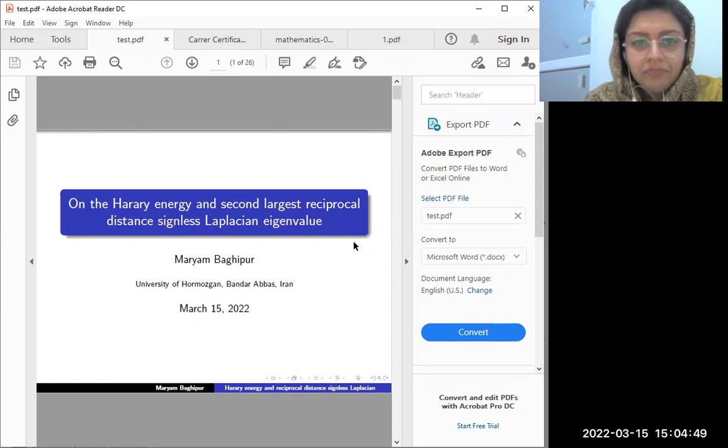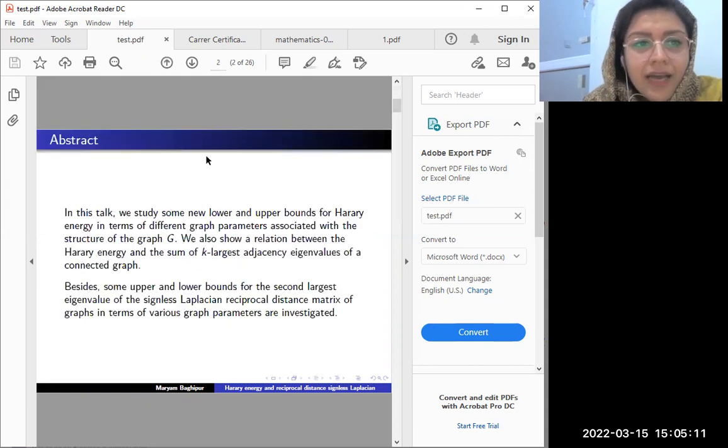The Harary energy is based on reciprocal distance. That's why in this talk, I'm going to talk about reciprocal distance and reciprocal distance signless Laplacian. Both of them are related to each other. I will explain in detail.